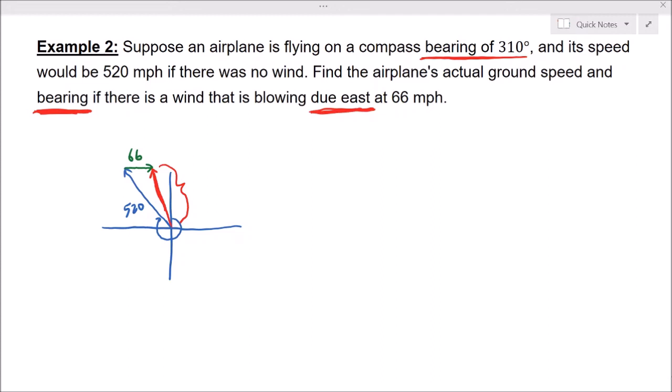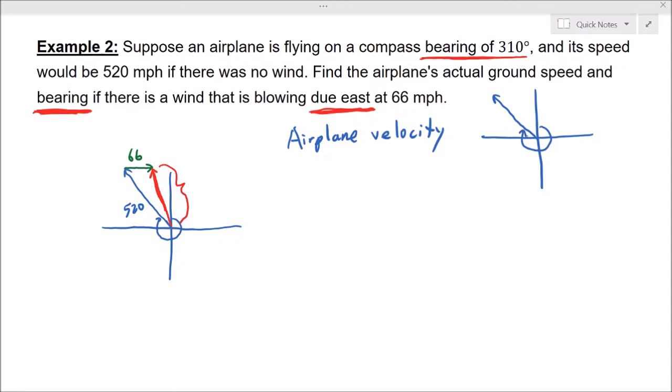First, let's start with the airplane's velocity vector, right? And we're going to convert it to a normal direction angle. So airplane velocity, like what its propellers are doing without the wind, right? And we said 310, and it's around here.